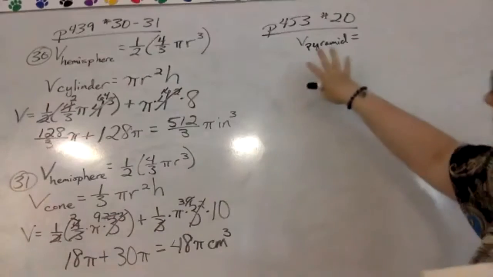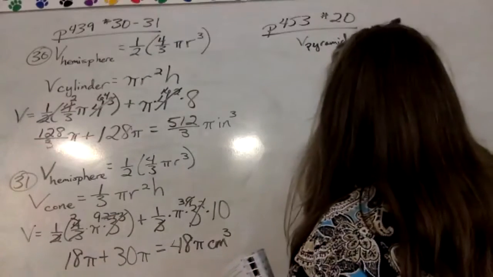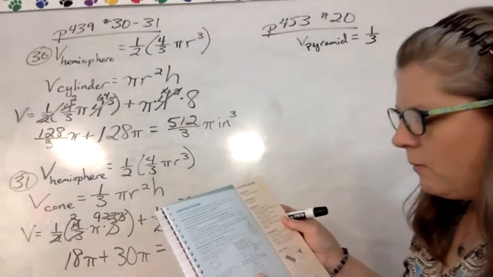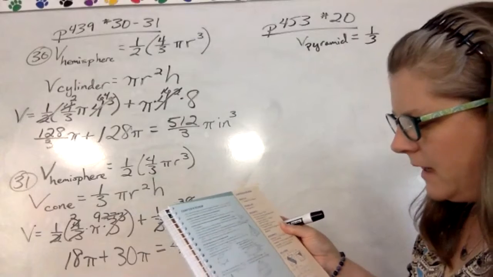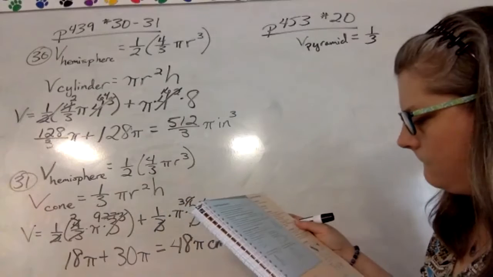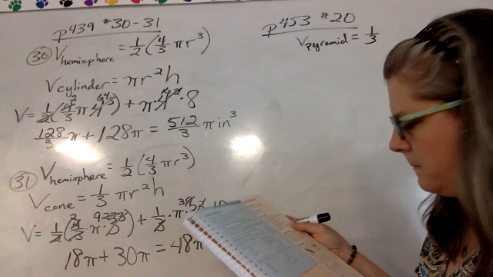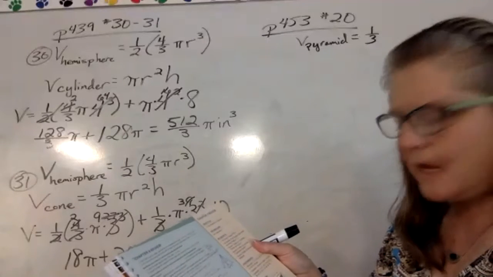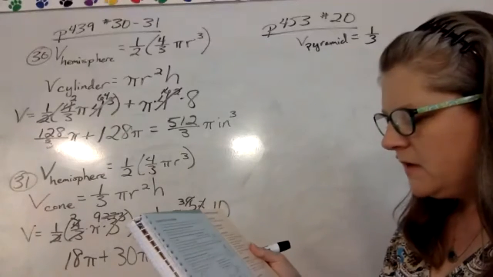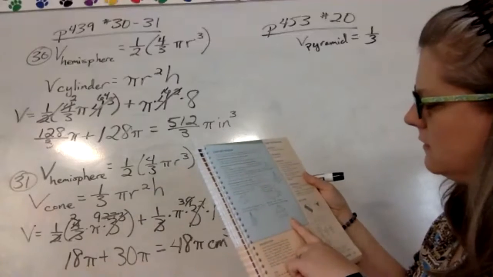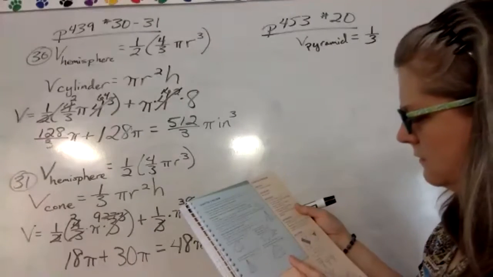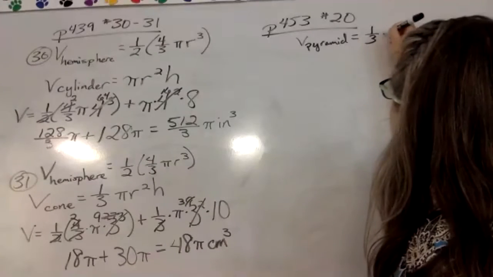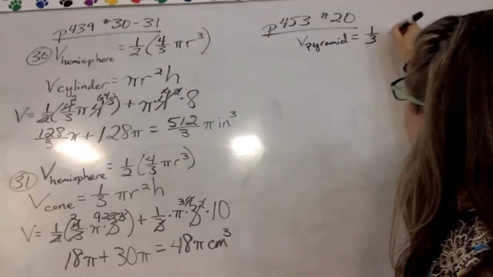So for my formula for the volume of my pyramid is going to be 1/3. And then what shape is the base of that pyramid? A rectangle. It looks like a rectangle. So to find the area of the rectangle, you do length times width. So that's 6 times, is it a square? 6 times 6? Right?